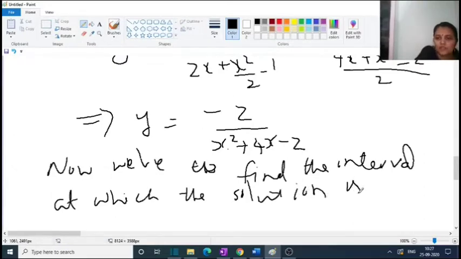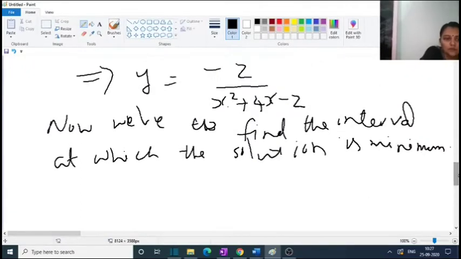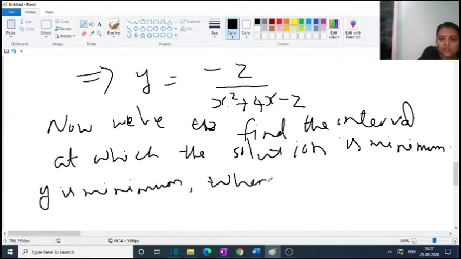The solution y is minimum when y dash is equal to 0. To find the minimum value, we set y dash equal to 0.